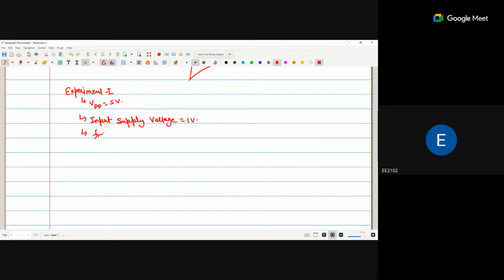The frequency of this one is 5 kilohertz. One thing you have to change is the frequency. I will reshare that, because 100 kilohertz frequency is not possible, so you have to change it to 5 kilohertz.